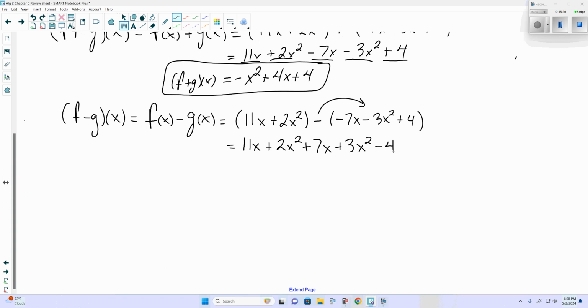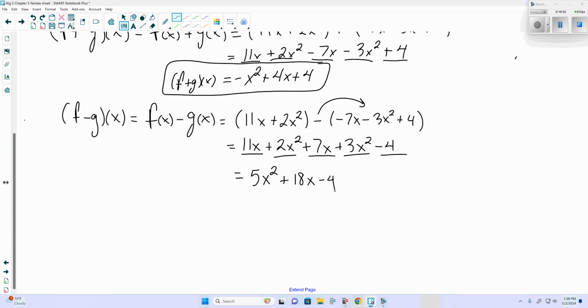Questions on this here? Now at this point, we need to combine like terms. 2x squared plus 3x squared is 5x squared. 11x plus 7x is plus 18x. And our constant term, minus 4.